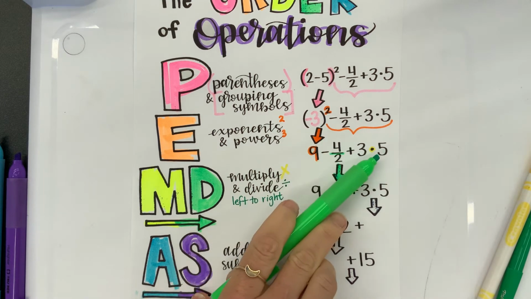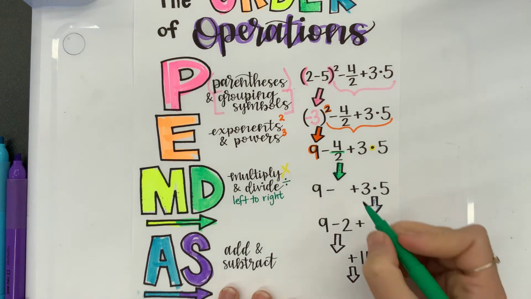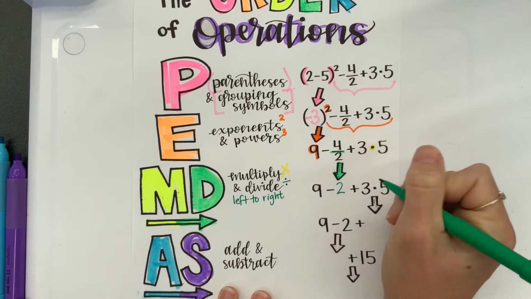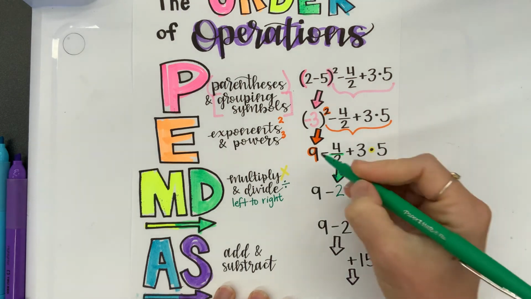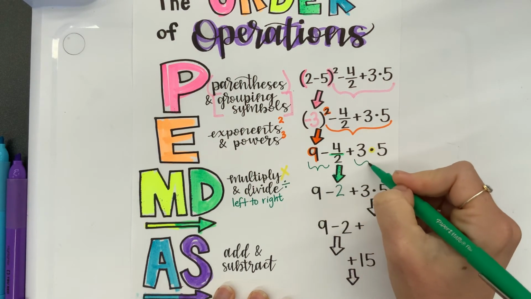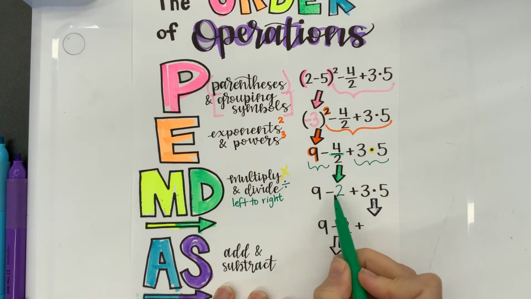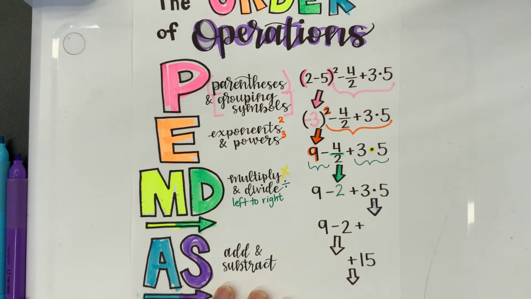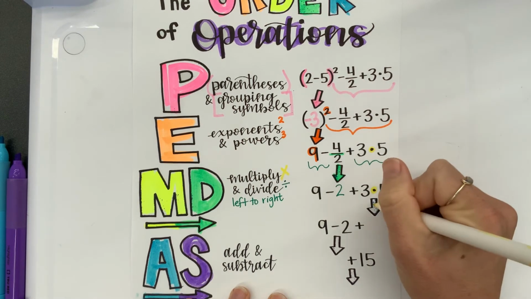It comes before the multiplication, so I'm going to do that first. That sneaky division is 4 divided by 2, which is going to be 2. And I am going to rewrite and bring down the rest of that expression. I'm going to bring down the 9 minus 2 plus 3 times 5.